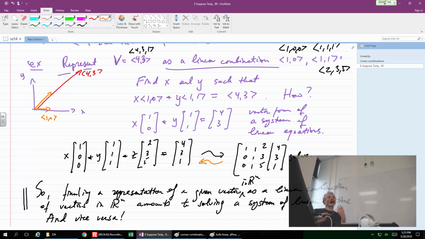Okay, so it's just an interpretation, a more profound understanding of solving systems of linear equations. We are talking about linear combinations and representing vectors as linear combinations of other vectors. We're going to rely on this idea a lot.